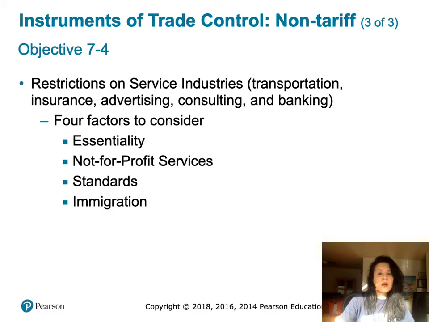Sometimes you will see the governments prohibiting private companies, foreign or domestic, from operating in some sectors because they feel the services are essential and provide social and political stability.